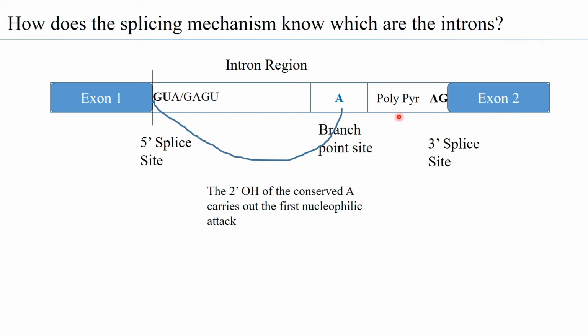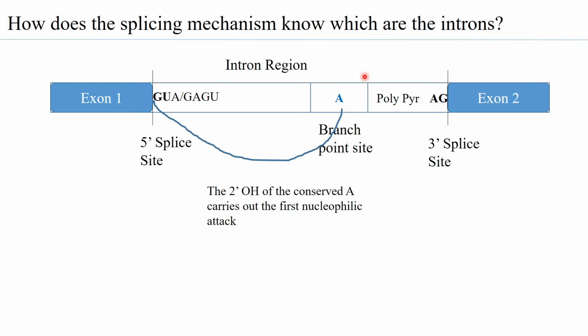But being an RNA molecule, the sugar would also have a 2' OH, because ribonucleotides are made up of riboses as sugars, and ribose has OH at both its 3' and 2' carbons. Therefore, this A, which is highly conserved, will have a 2' OH that is free.